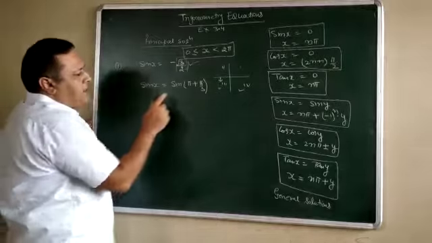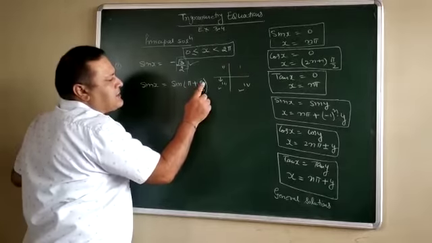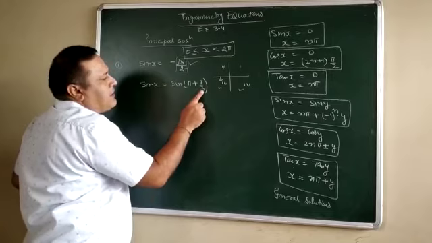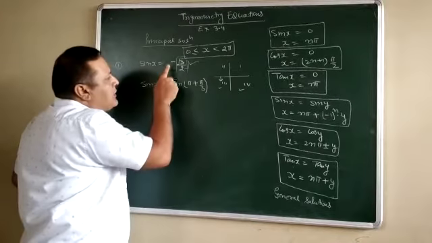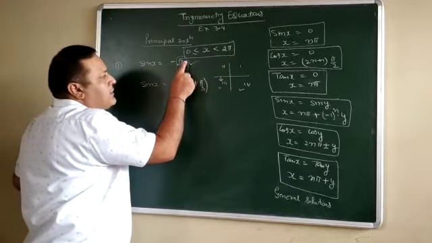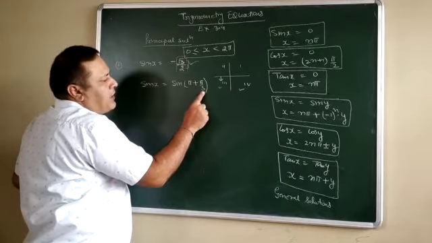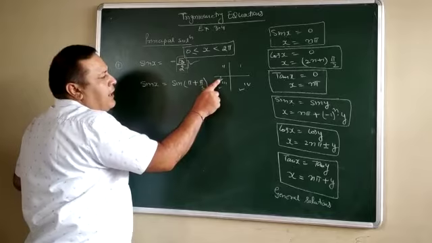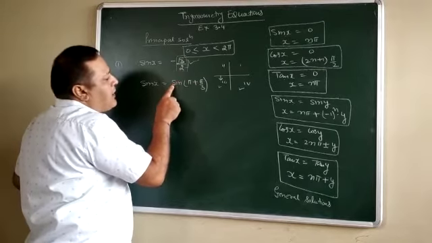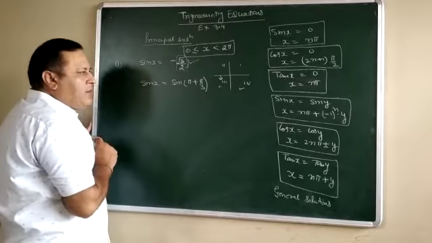If you open it, sin (180 plus theta) becomes minus sin theta, and sin 60 is equal to root 3 by 2. This minus symbol indicates that you are in the third quadrant. When you enter the third quadrant you use pi, and in the case of pi there is no change in the trigonometrical function.